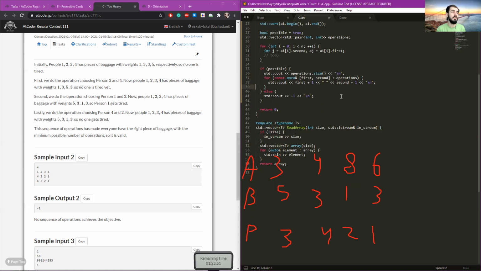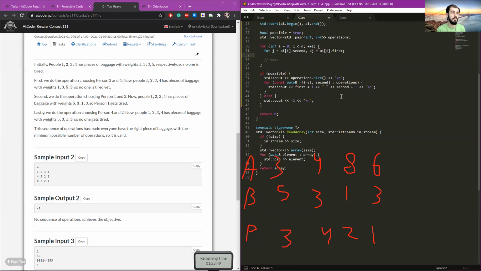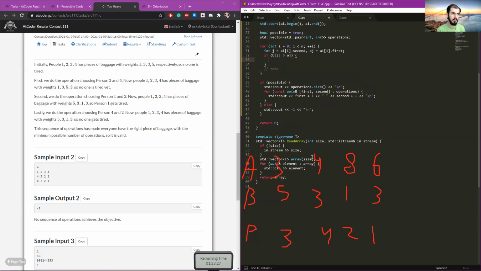Okay, now we want to process these guys. We have a current index in the array. So if the current baggage is greater than A_j, and it's not possible.